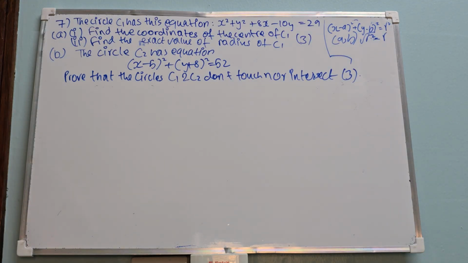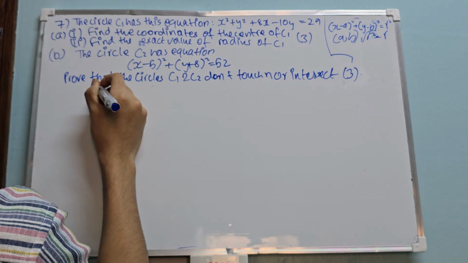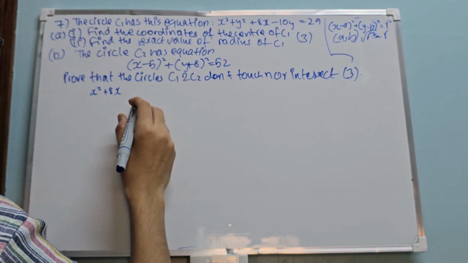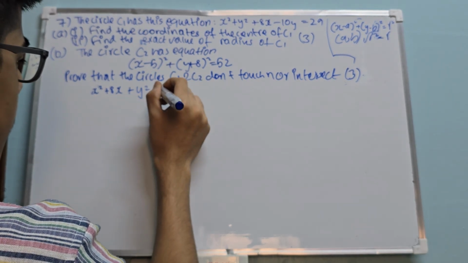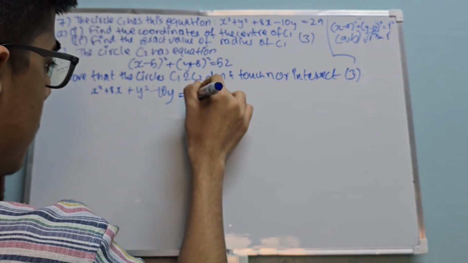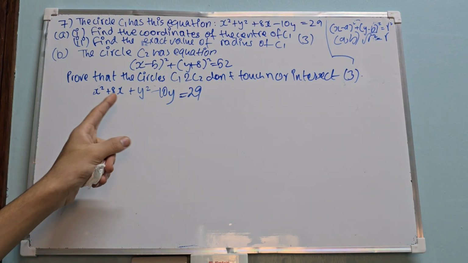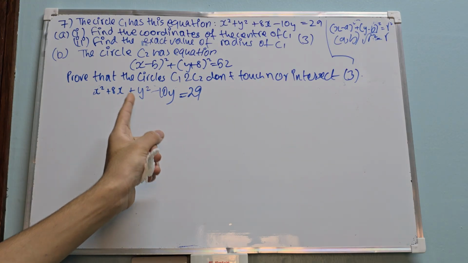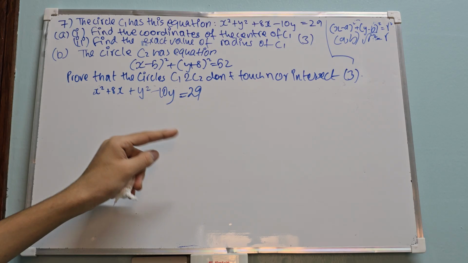By completing the square. So x squared plus 8x plus y squared minus 10y is equal to 29. I collect terms on one side, y terms here and x terms here.